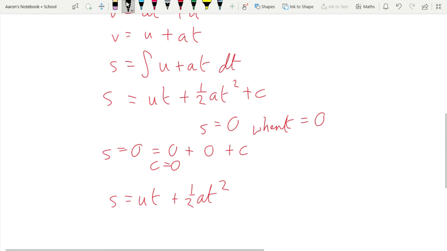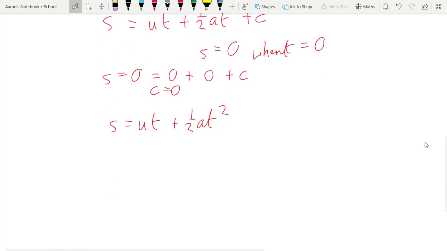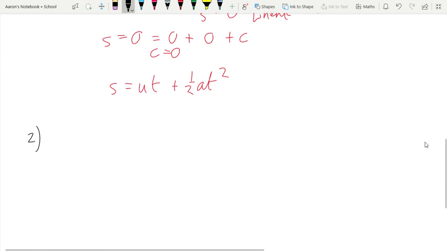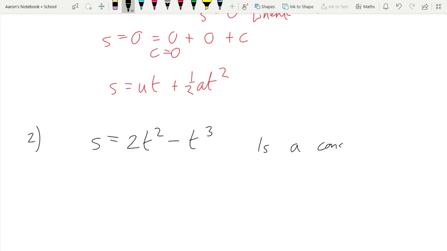Now the other sort of question they seem to ask us in this chapter is I've got a situation where s equals 2t squared minus t cubed. Is the acceleration constant? So to work that out, we need to differentiate. My velocity is going to be ds by dt, which is 4t minus 3t squared.